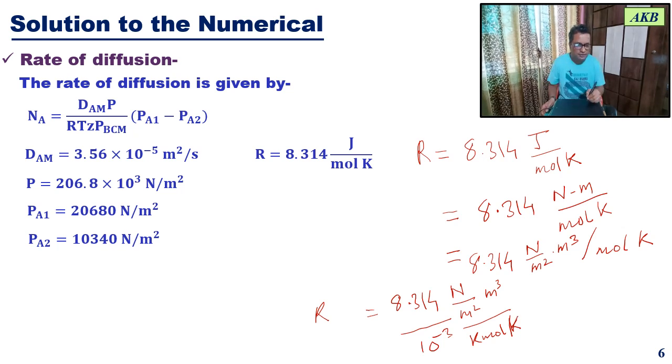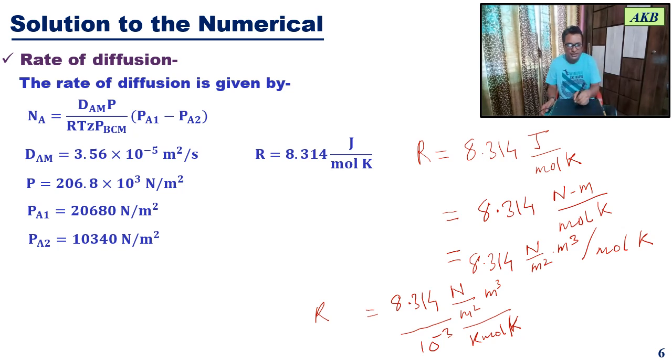Okay. So what I have done in the final step, I have converted this moles to kilomole, and for that I have this figure 10 to the power minus 3 in the denominator. So that means R is 8.314 divided by 10 to the power minus 3, which is nothing but into 10 to the power 3. So 8.314 into 10 to the power 3 Newton per meter square into meter cube per kilomole per Kelvin.